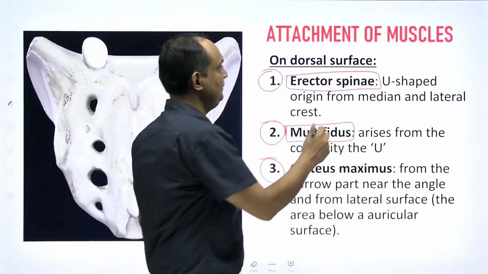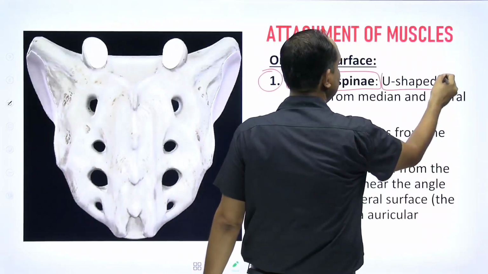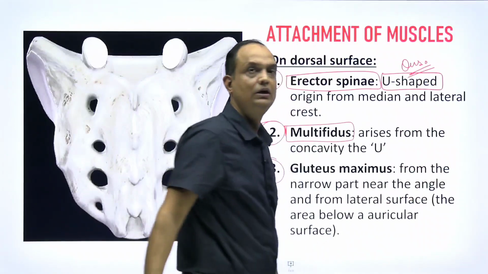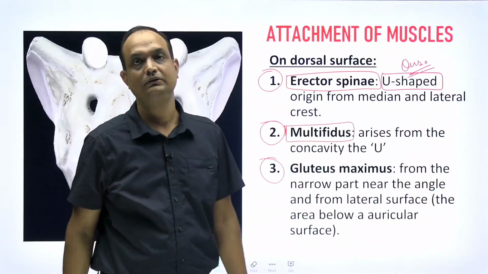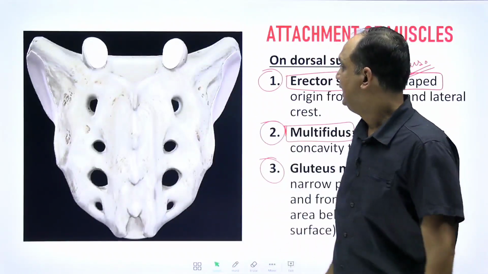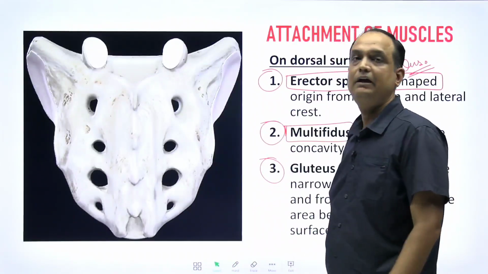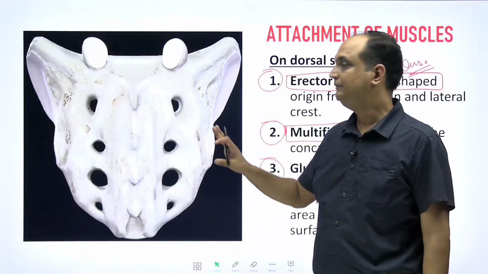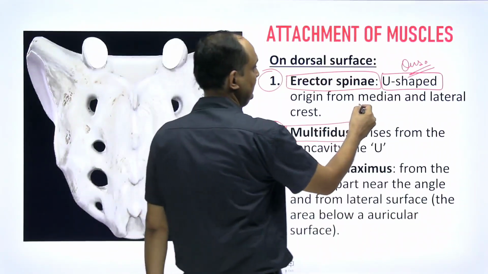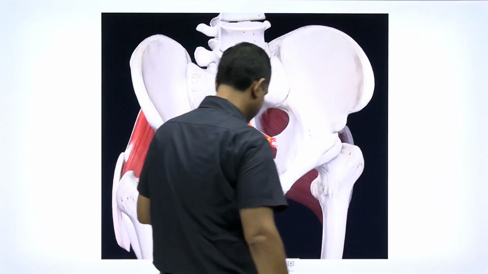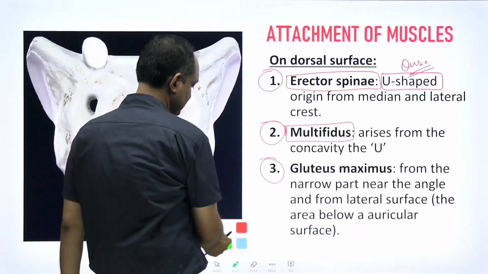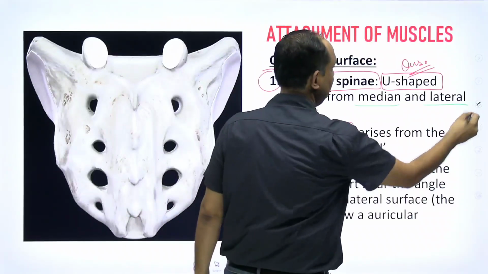This is an important exam question: which muscle takes a U-shaped attachment on the dorsal surface of the sacrum? If you have this bone in the exam and have to draw the attachment, it is attached on the median and the lateral crest.